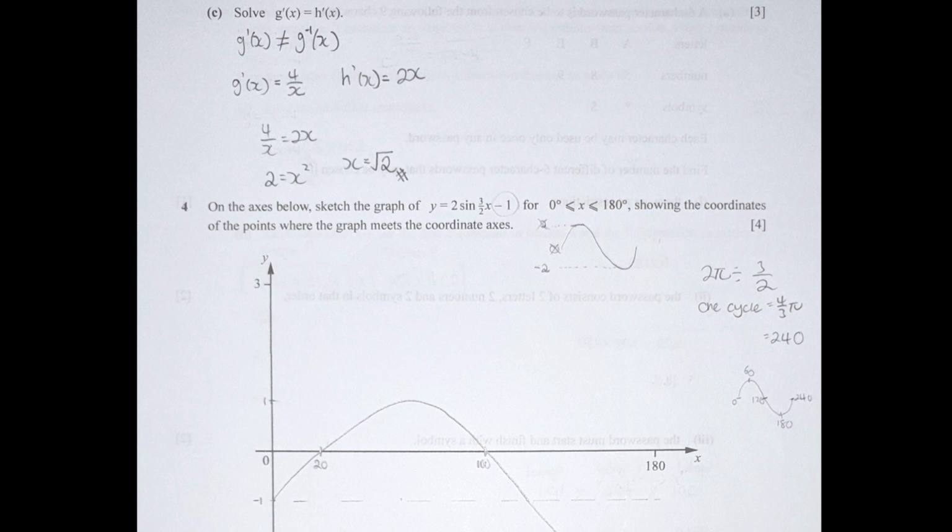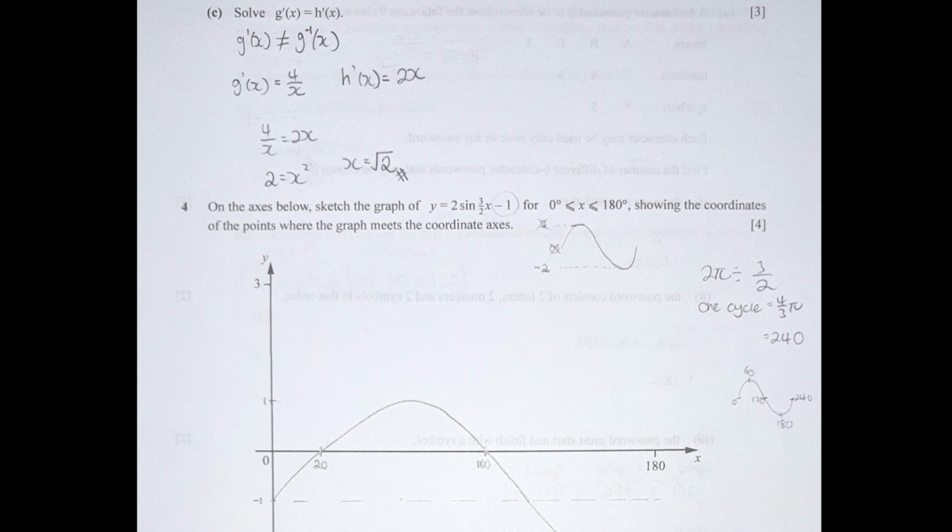As for the last part of this question 3, we have finding g prime equals to h prime. The thing I want to point out is, in part A, they wanted you to identify g inverse. So g inverse doesn't equal g prime.